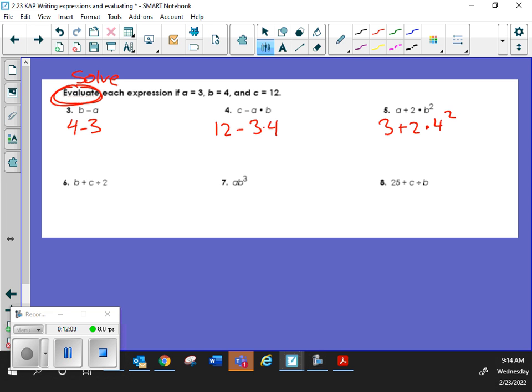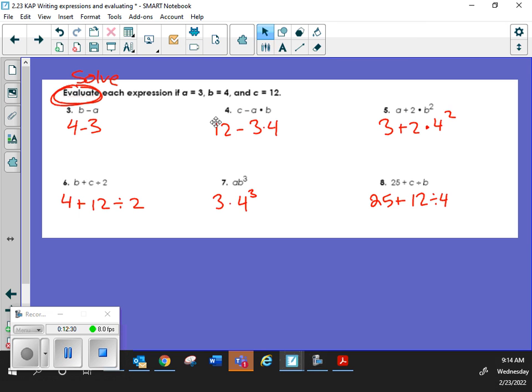B plus C. Divide by 2. Ooh, we got a little cutie. 3 times 4 cubed. And then 25 plus 12, 4.